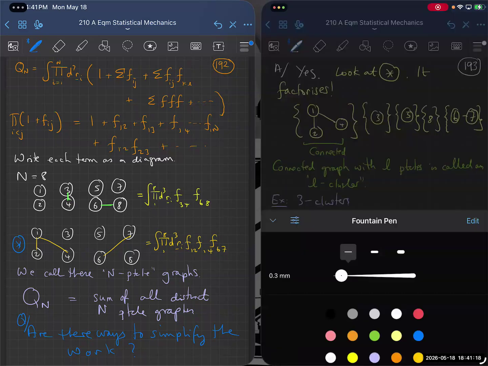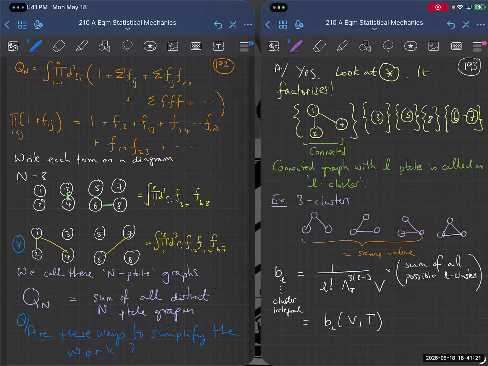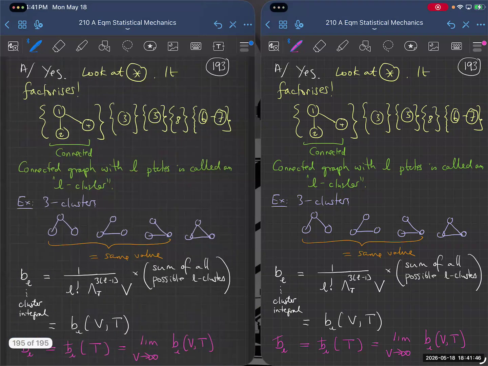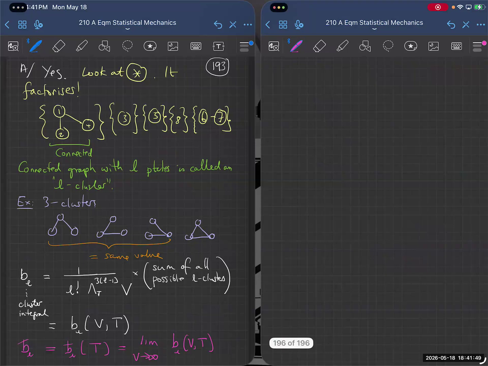So we're going to define another thing, which is B_L with a slash, which is a function only of T, and that is equal to the limit as V goes to infinity of B_L(V, T). So you can define that, and then you can go through and build all the n particle graphs from these L clusters.